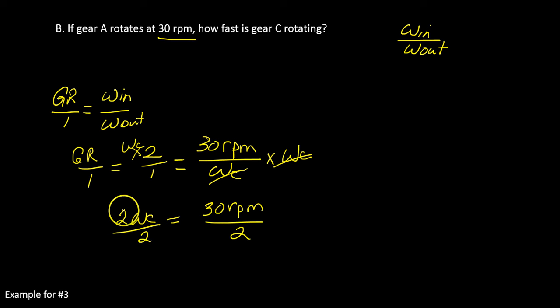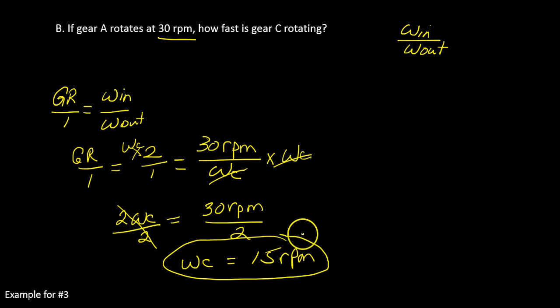So when we do that, this cancels and it leaves angular velocity at C is equal to, do this division, 15 RPMs. So this is your answer for the example number 3.